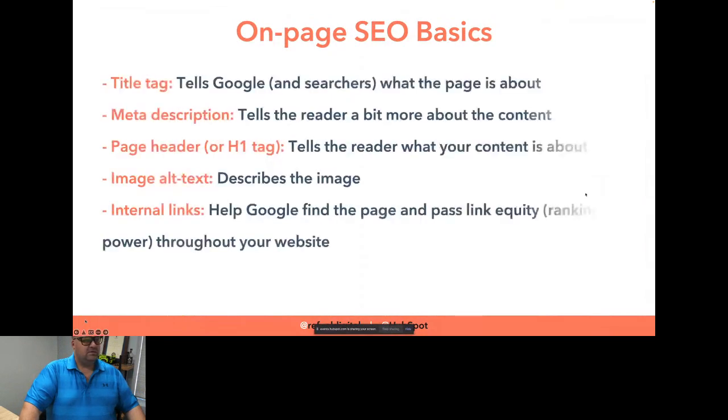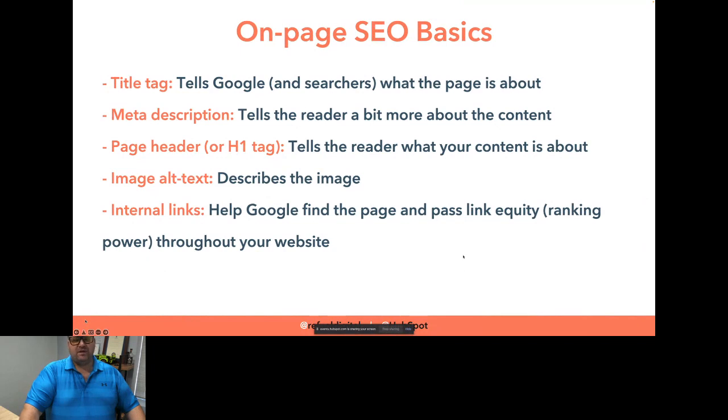When we're putting together our pages, and HubSpot have a tool for this, there are a few different areas that we really need to cover off. First of all, we've got our title tag. This tells Google and our searchers what the page is about.